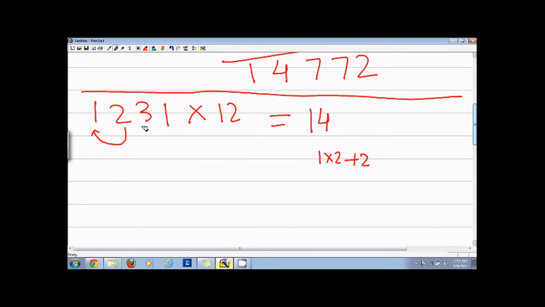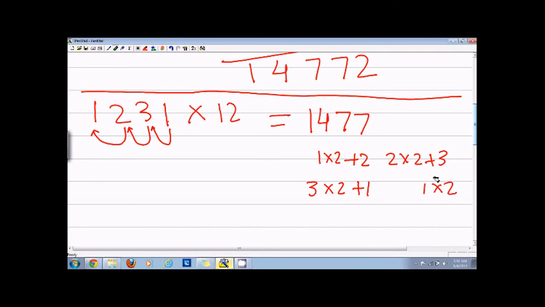Then 2 into 2 plus 3 is equal to 7. Then 3 into 2 plus 1 is equal to 7. And then I just multiply 1 by 2, which is 2, so the answer is 14772.